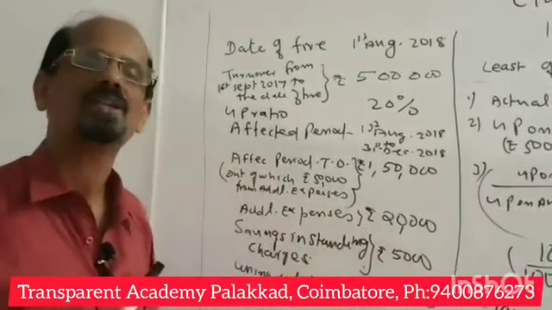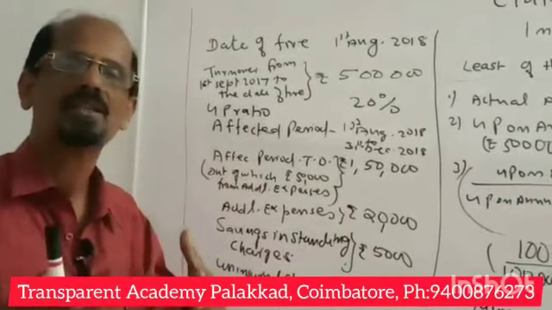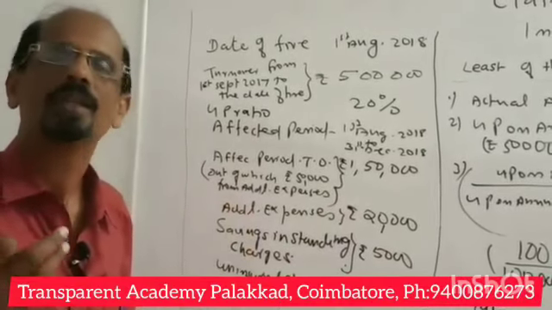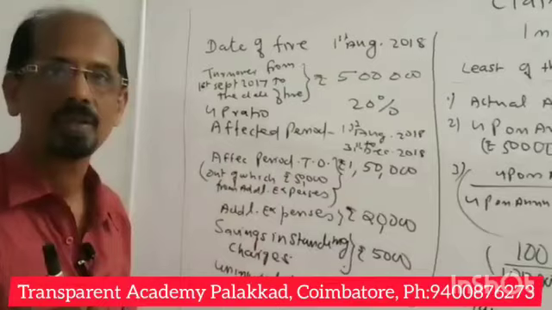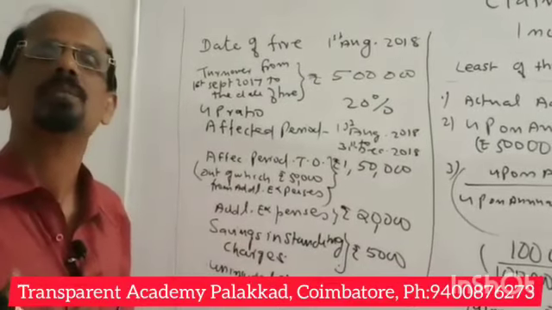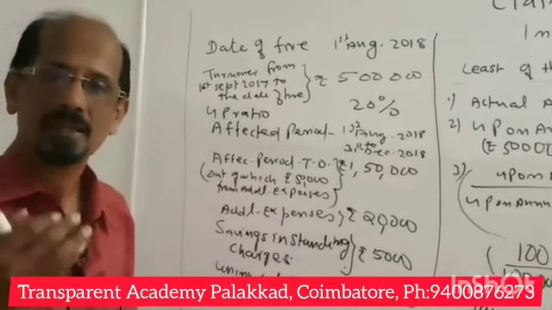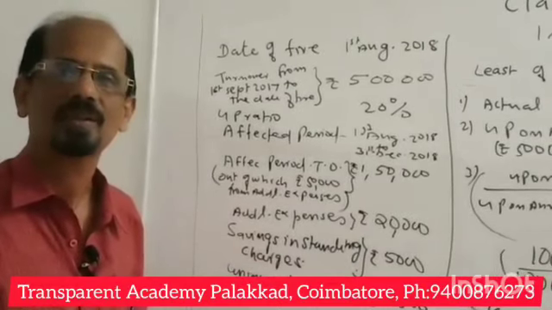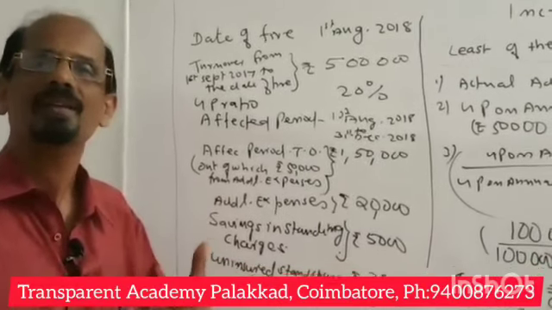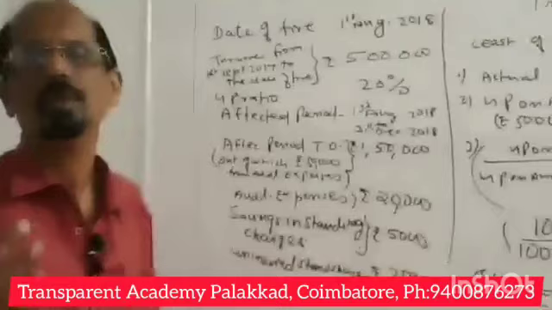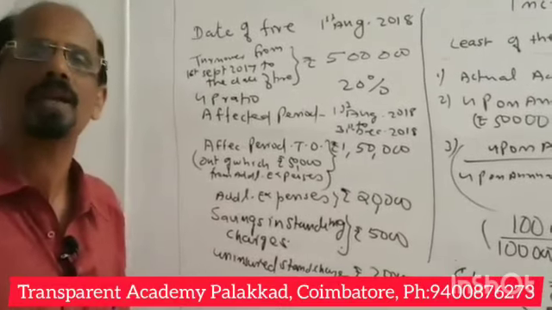Okay, then what is the next information given? Savings in standing charges. Some fixed charges we can avoid during the dislocation period. Say, for example, the wages of some casual workers may be avoided, as their service may be terminated during the dislocation period.